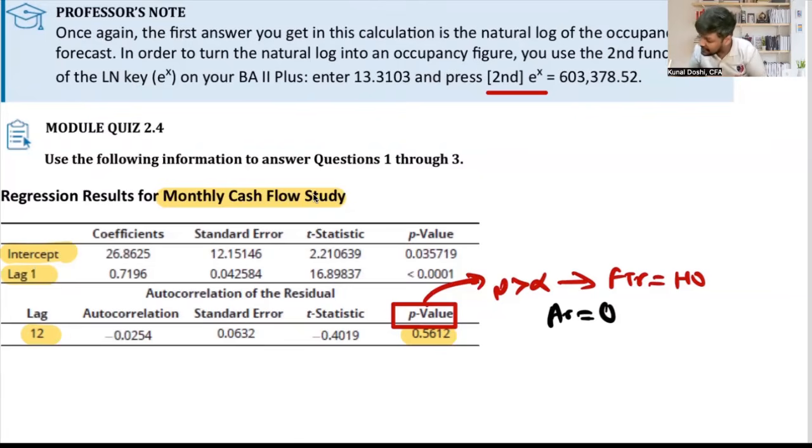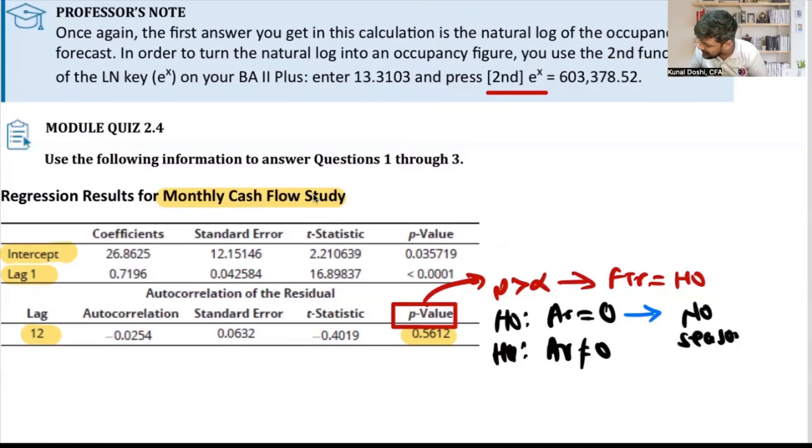Remember, it's better you always write it if you get confused. So the lag autocorrelation is equal to 0. When I say fail to reject the null, it means there is no autocorrelation, which means there is no seasonality. Understood, everyone?